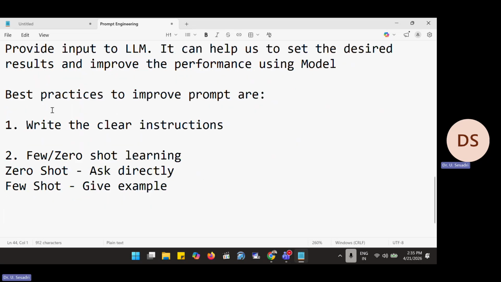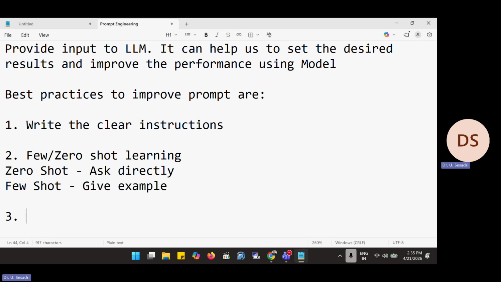So those are best practices to improve the prompt. One is writing the instructions very clearly. Second, zero-shot or few-shot learning. In zero-shot, we can ask directly. In few-shot, we have to give examples, and based on the examples we give some samples.